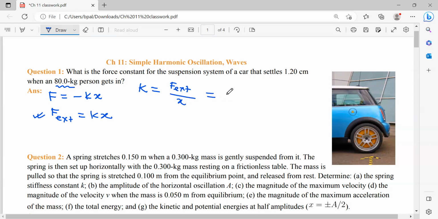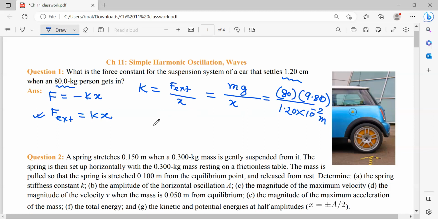F external is basically the weight of this person, mg, and x is the displacement. So m is 80 kilogram, g is 9.80, and x is 1.20, but we have to convert it into meter. Centimeter to meter is 10 to the power minus 2 meter.